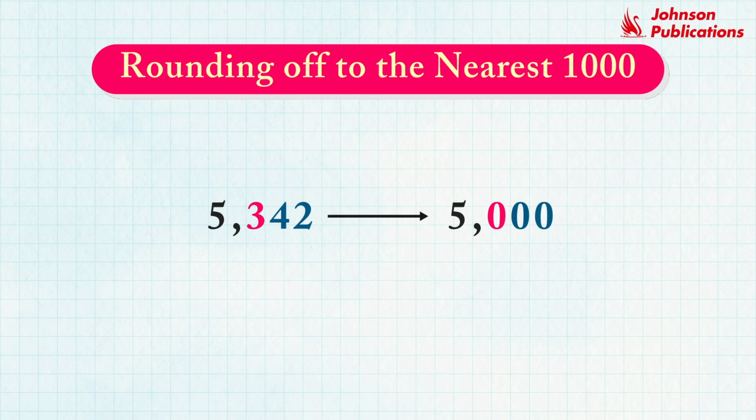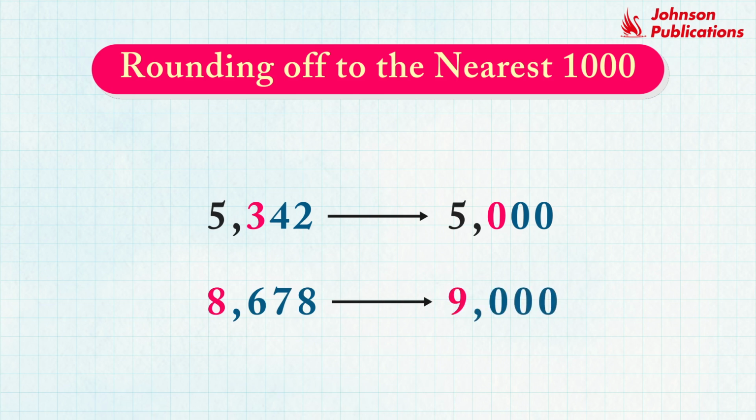For example, when we round off 8678 to the nearest 1000, it gives 9000. If the digit at hundreds place is 5 or more, then we replace the hundreds, tens and ones place digits by 0 and add 1 to the thousands place digit.